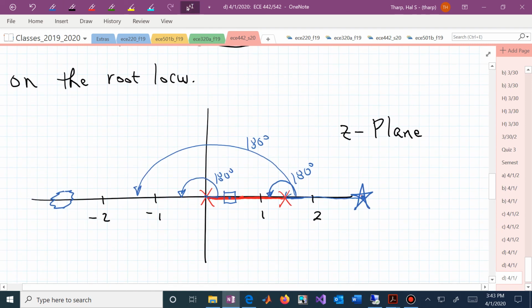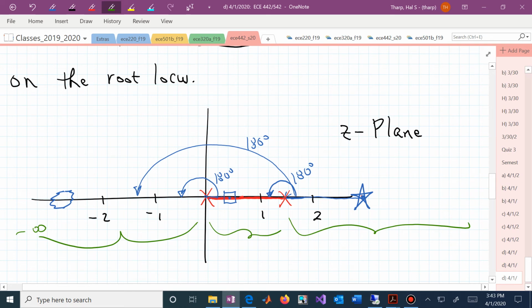We've now separated this real line segment into 3 different segments. We have one segment here, we have one segment here, and we have one segment going all the way to minus infinity. This segment goes all the way to plus infinity. I talk about this in other classes saying assume this real line looks like a loaf of French bread. We've now cut that French bread into 3 pieces or segments.